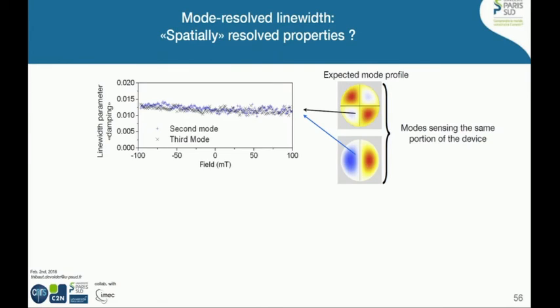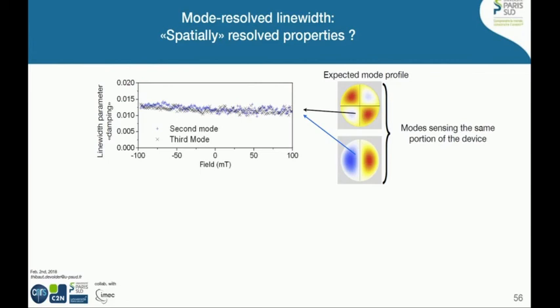Importantly, these are azimuthal spin waves, so the precession amplitude is 0 at the middle of the disk by symmetry for these 2 spin waves. So they do not sense the center of the device.